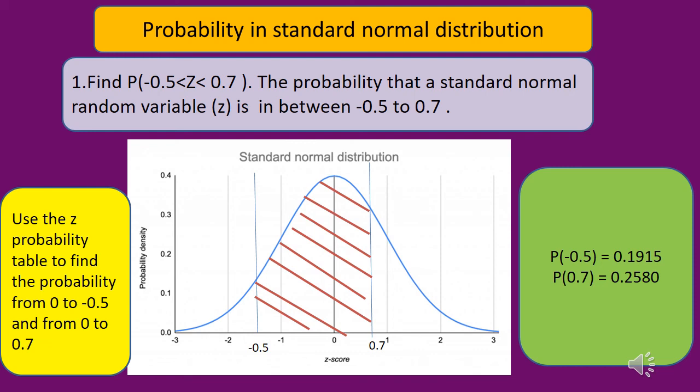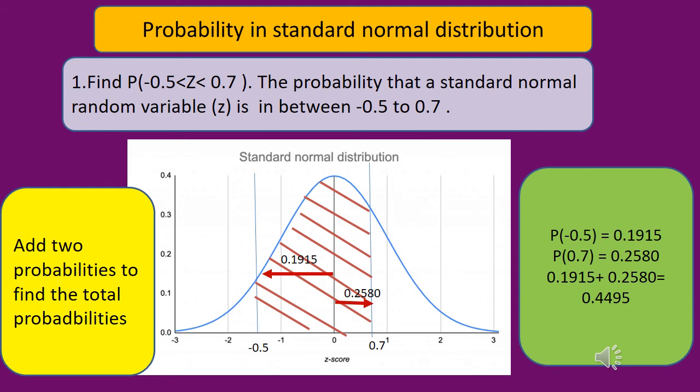The probability from 0 to minus 0.5 is marked here in the graph, that is 0.1915, and from 0 up to 0.7 it is marked here, that is 0.2580.